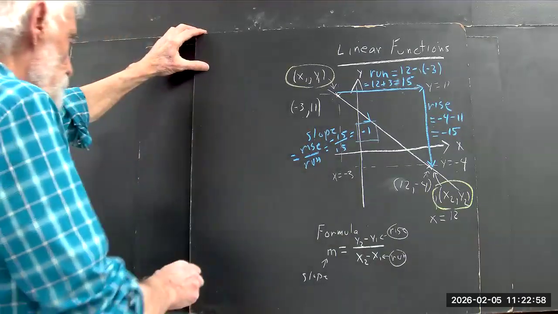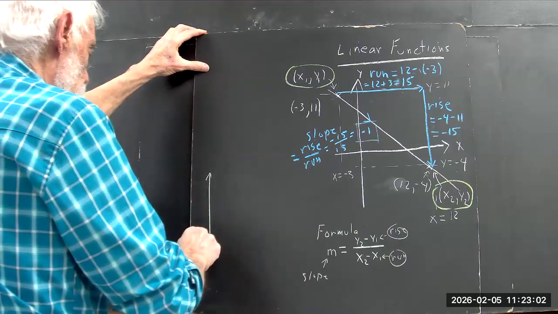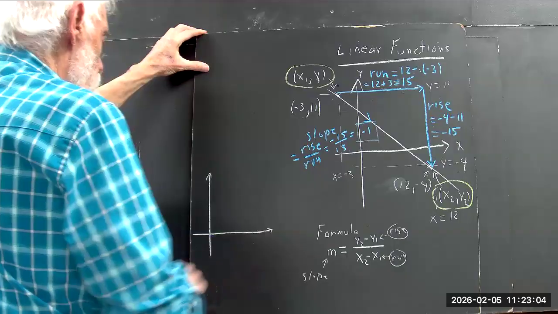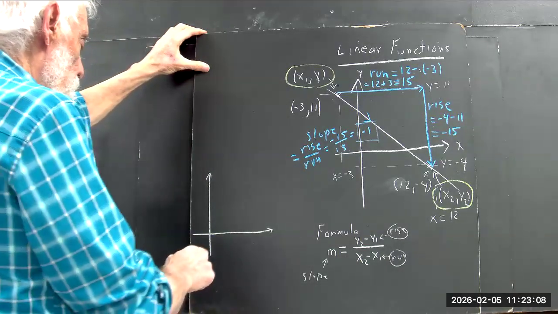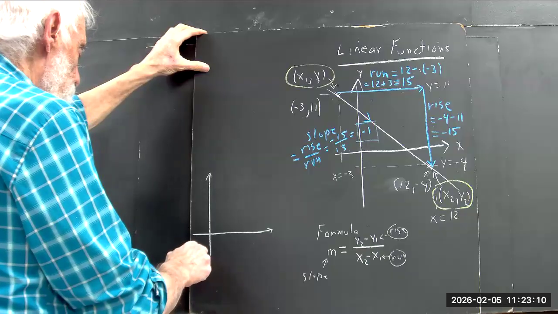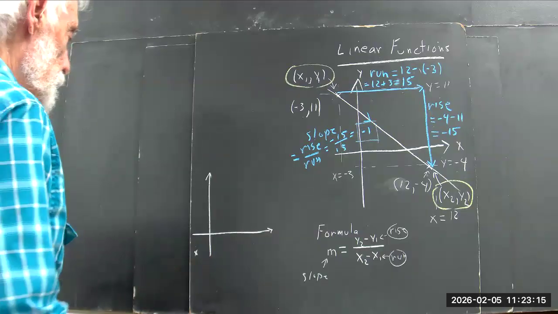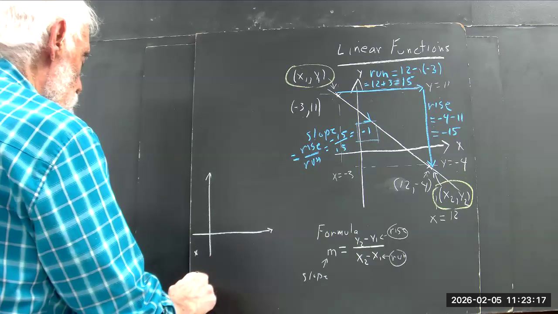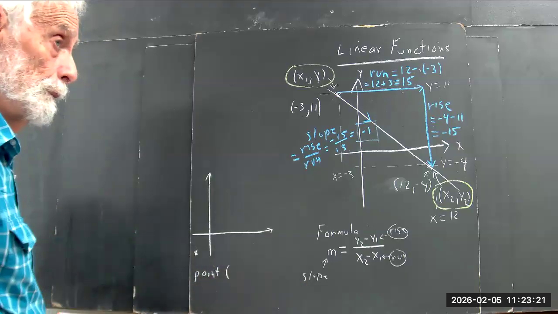Now, let's say I have another situation here. I'm sorry, I'm not going to have 2 points. I have a point here. I'm going to do it with numbers.